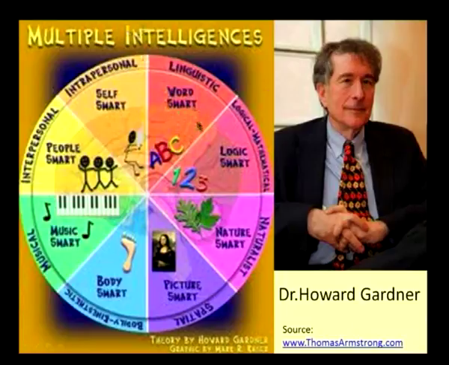So, if a person is logic smart, that learner will prefer to learn the topic by solving puzzles, solving problems, by having logical thinking, different perspectives to analyze the topic.